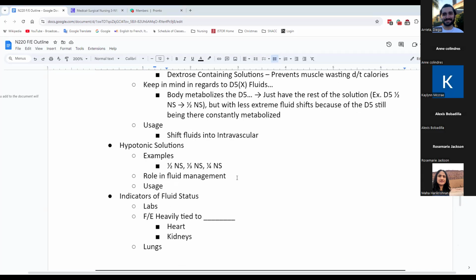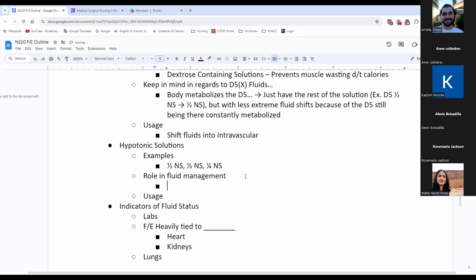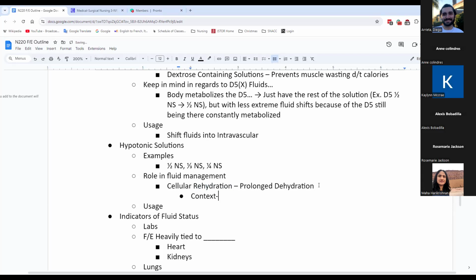Okay. So what about hypotonic solutions? What are some of the roles that we use them for? Okay, yeah, it's cellular rehydration. Perfect. Which is good for prolonged dehydration. Just keep in mind that this is context-based, meaning we very likely also see it for severe hyponatremia.